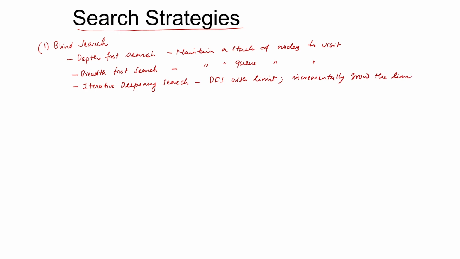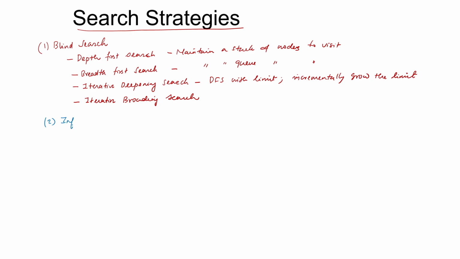So, you do not go to the end of the depth of the tree. It is depth first, but you put a limit and incrementally grow the limit. And then similarly, iterative broadening search. That is the other. So, these are the 4 blind searches, because a lot of the searches that you see are blind searches.